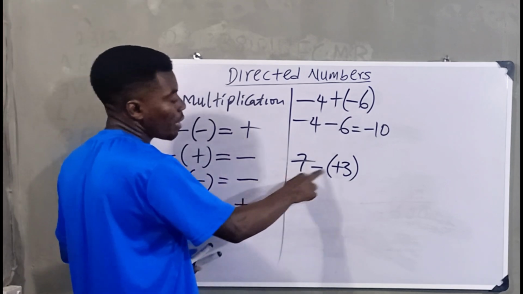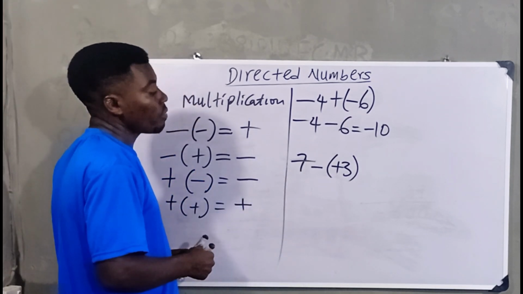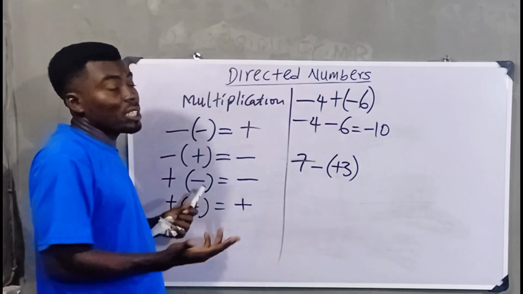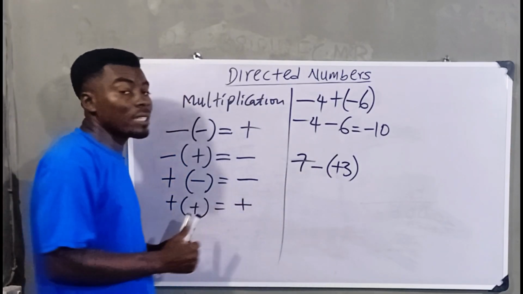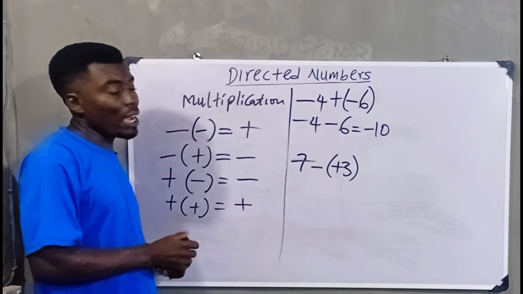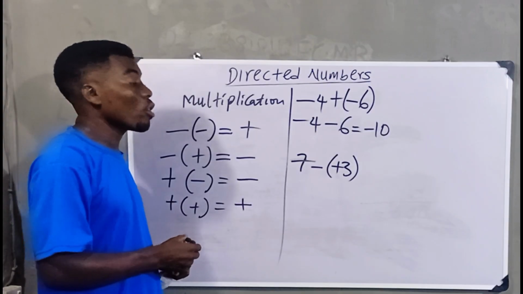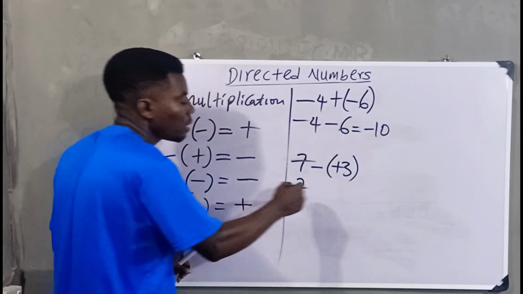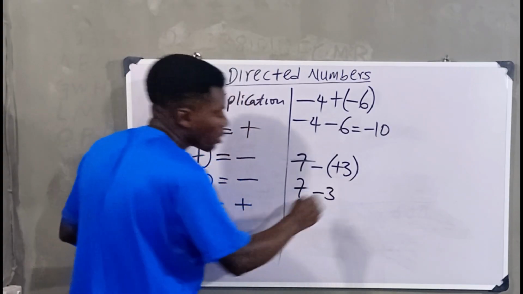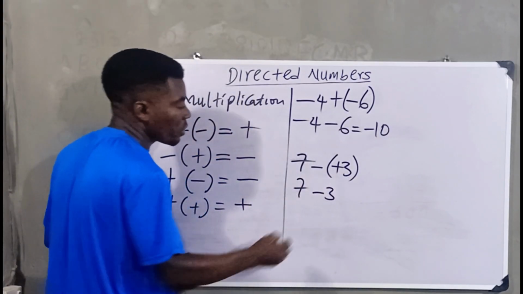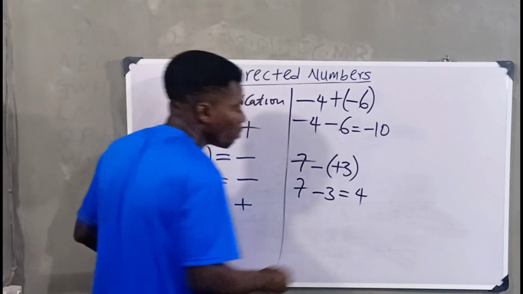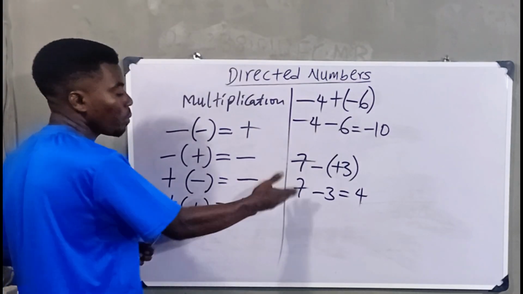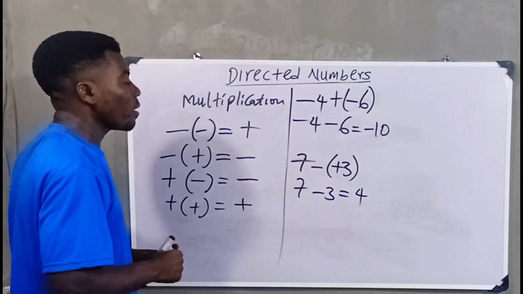Like I stated earlier, each time they are sitting side by side, they are fighting, and negative always comes out victorious. So this can now be written as 7 minus 3. And 7 minus 3 gives you positive 4.